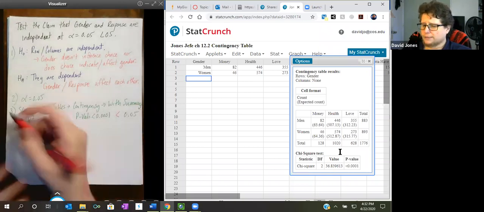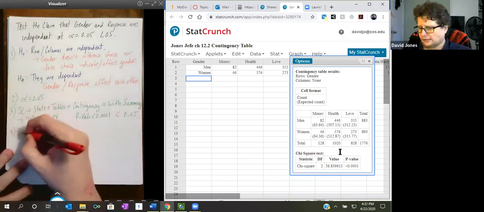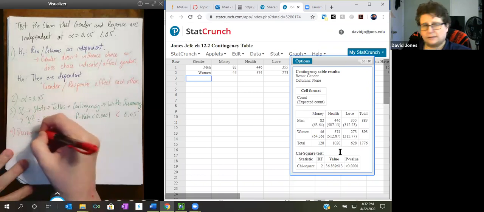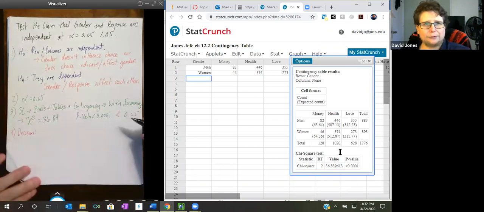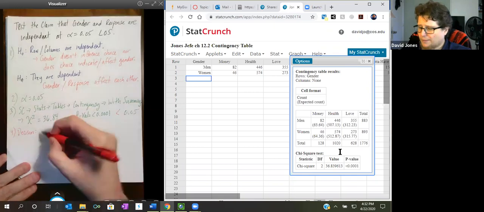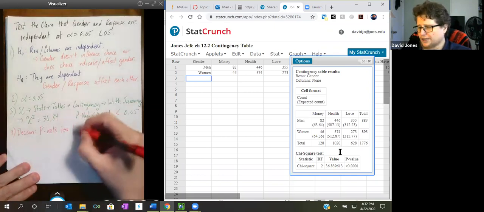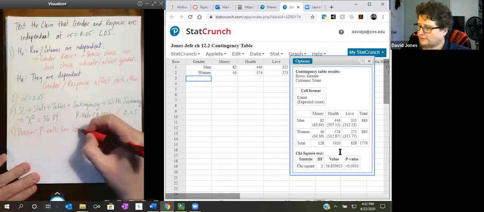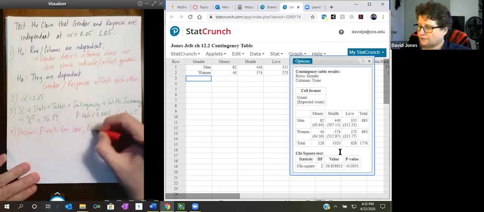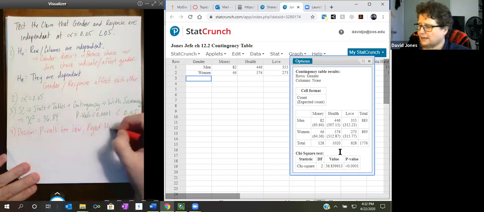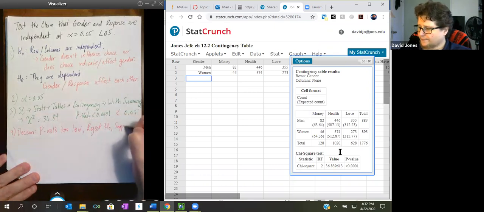So step 4 is make a decision. I hope you have this memorized by now. The p-value is too low. Reject the null hypothesis. Support HA.